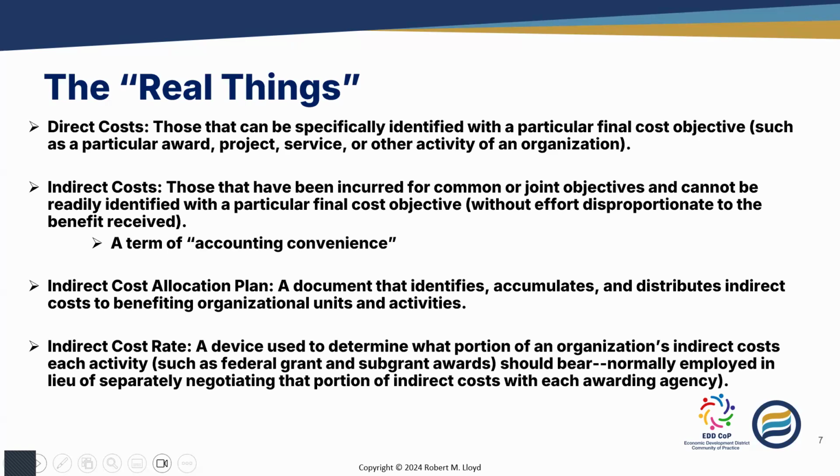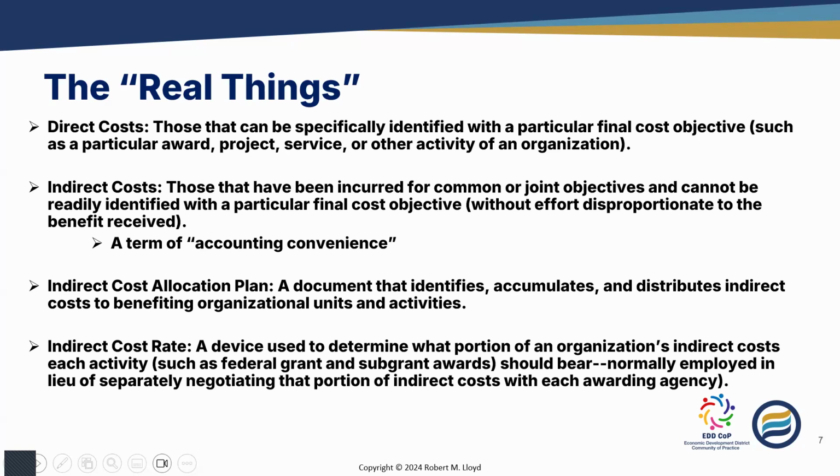To a large extent, the indirect cost allocation plan is a narrative document because in identifying and accumulating the costs, it is saying, here's how our organization chooses to charge this type of expenditure. Yes, it has some financial information in it, but it starts out as a narrative.